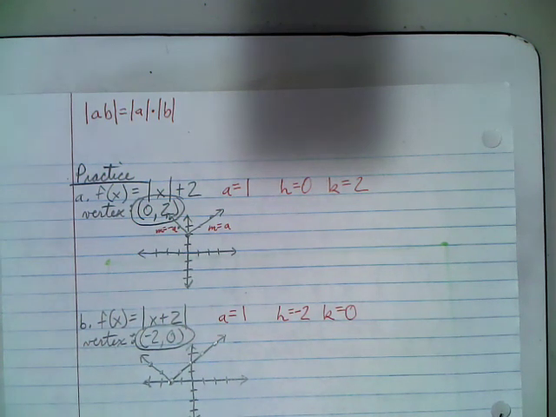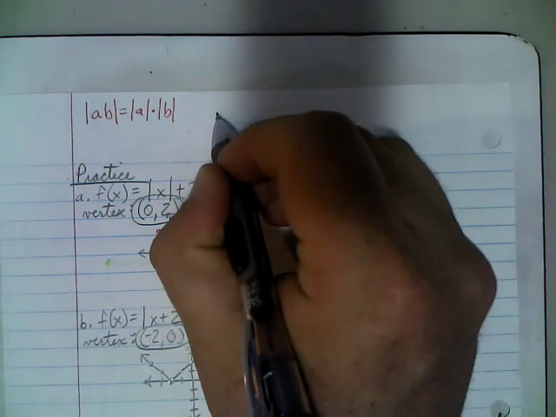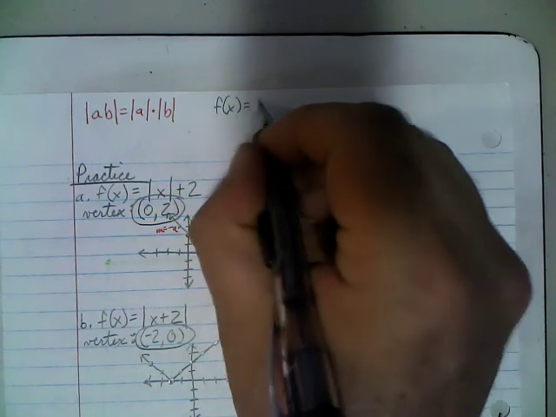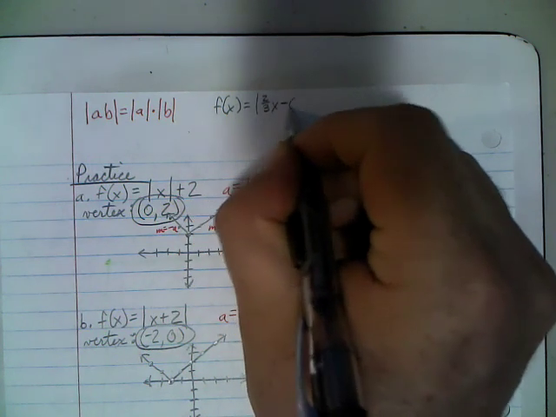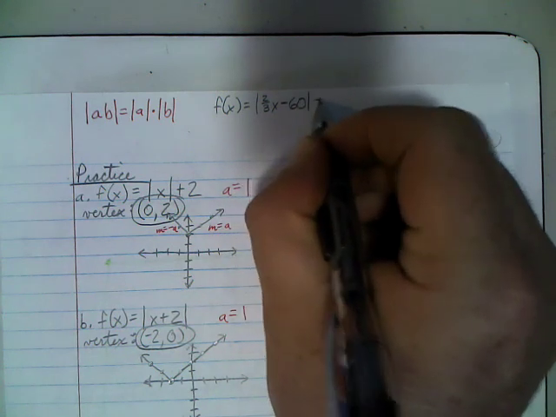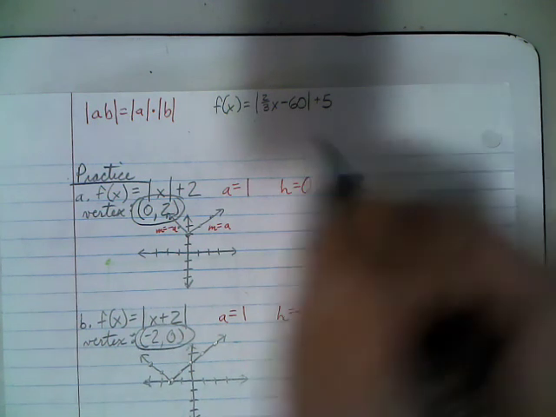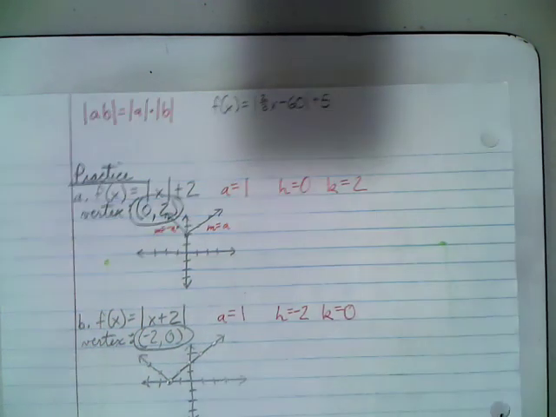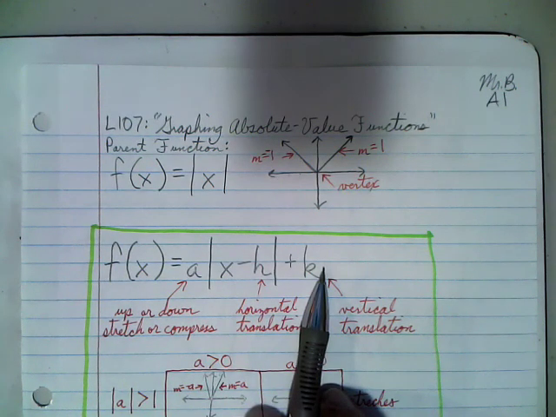So how does this help me? Well, so glad you asked. If we end up in a situation where, let's say, we have a function that is equal to the absolute value of 2/3 x minus 60 plus 5. So in this case, we don't have this in the form like that.